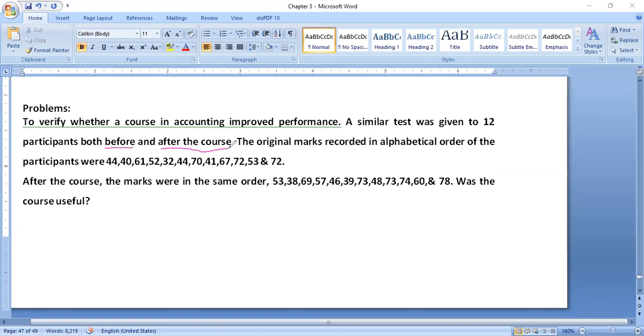A similar test was given to 12 participants, both before and after the course. The original marks were recorded in alphabetical order of participants. Before the course the marks are: 44, 40, 61, 52, 32, 44, 70, 41, 67, 72, 53, and 72.